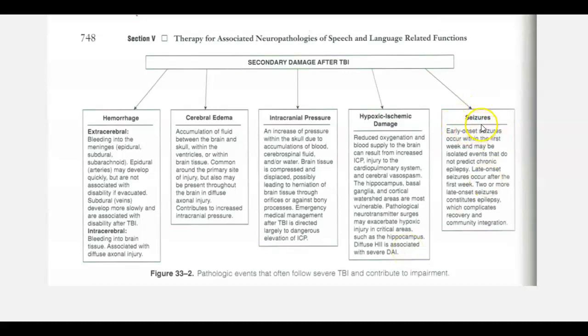And all of these things, a secondary effect of traumatic brain injury, can cause seizures that occur for an individual that might be early on. It can also occur later on. So again, this is a chart that we really want you to have a good look, to really read through, to have a good understanding of primary and secondary damage and know the difference between the two.